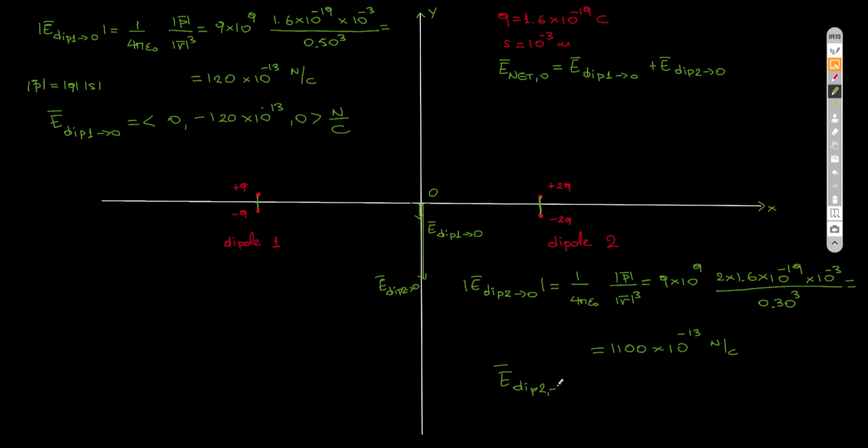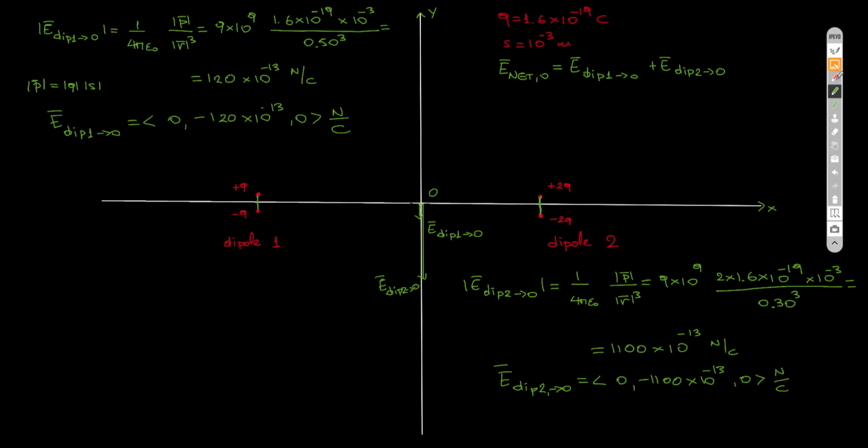That will be the negative y direction. So 0, minus 1100 times 10 to the minus 13, 0 newtons per coulomb.